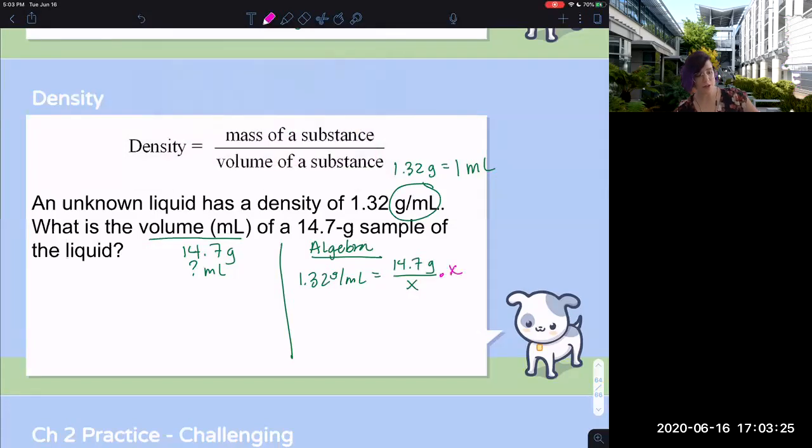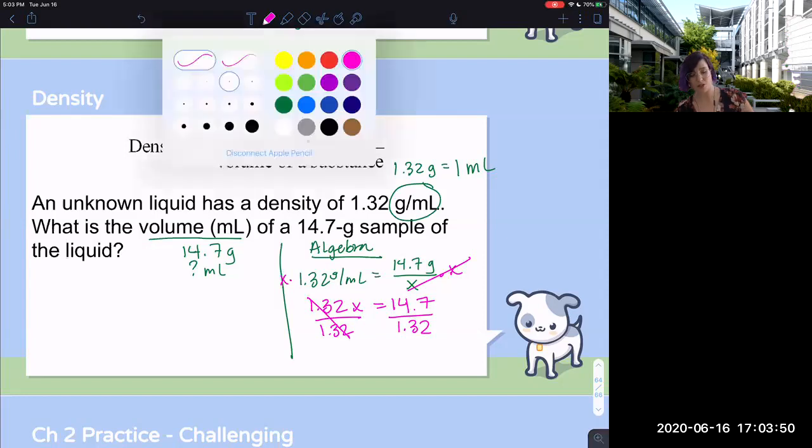You have to move the x to the top. There's a short trick of switching your density and your volume, but don't worry about that. Just do it out this way, because if you forget what you're doing, you're not comfortable with the algebra. First of all, I would say if you're not comfortable with the algebra, just do it dimensional, just do the conversion. Okay, so your x is going to be 14.7 over 1.32.